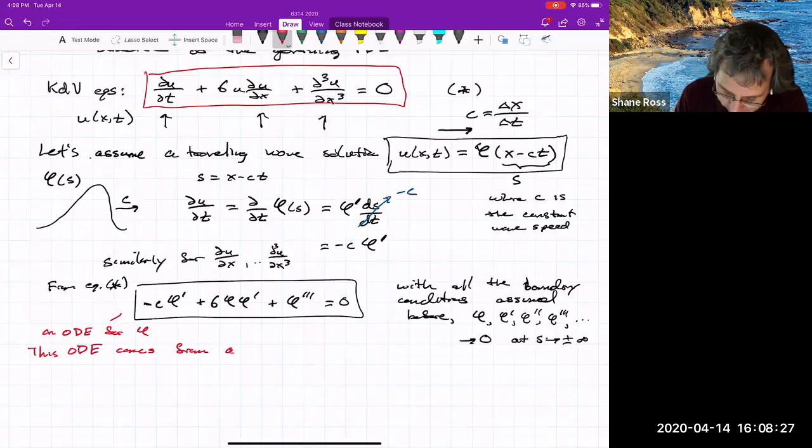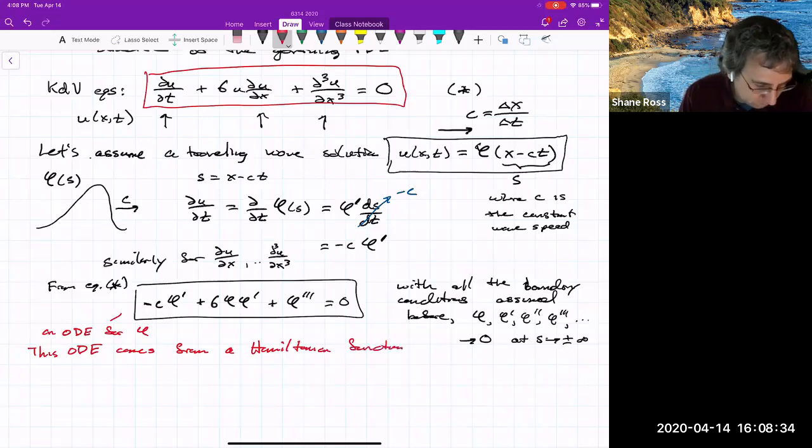This ODE comes from a Hamiltonian, the typical kind of Hamiltonian, H of phi, phi prime. So here phi plays the role of q, and phi prime plays the role of p.